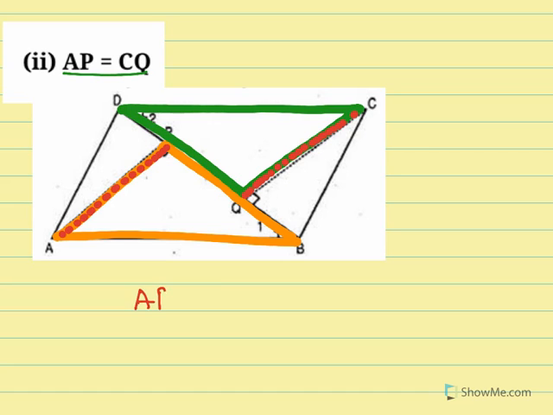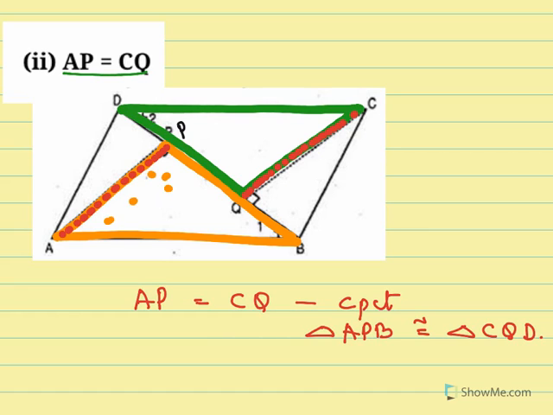AP is equal to CQ. Reason? CPCT of triangle APB congruent to triangle CQD. Remember, if triangles are congruent, all their parts are equal. Earlier we had already shown this triangle by AAS test was congruent to this green triangle. So all the sides and all the angles would be equal. And in this case we wanted AP. So by CPCT, these two will be equal.